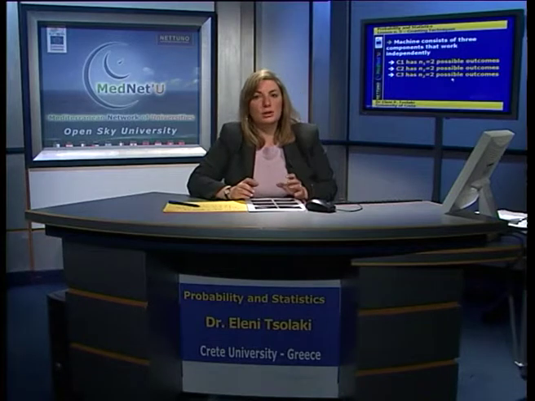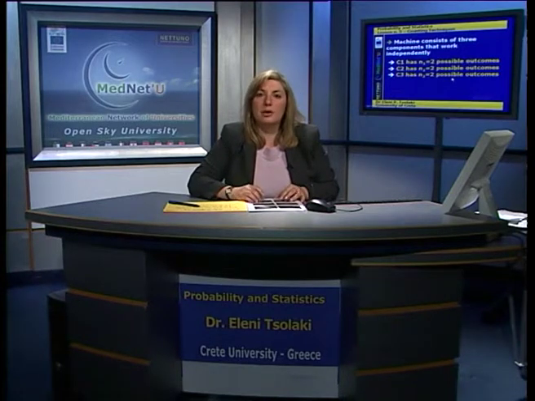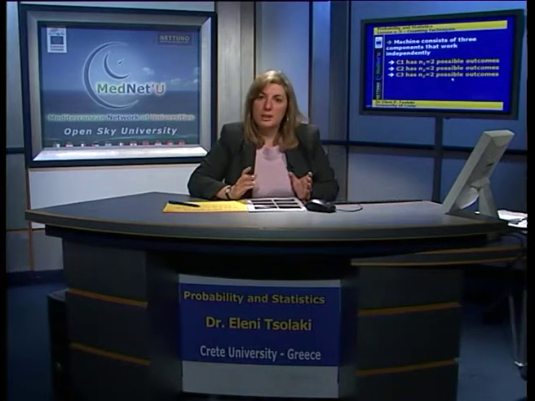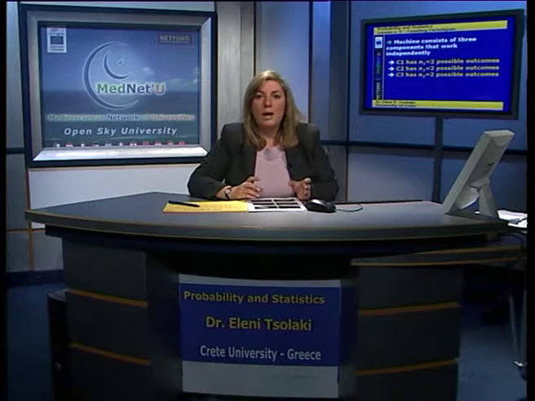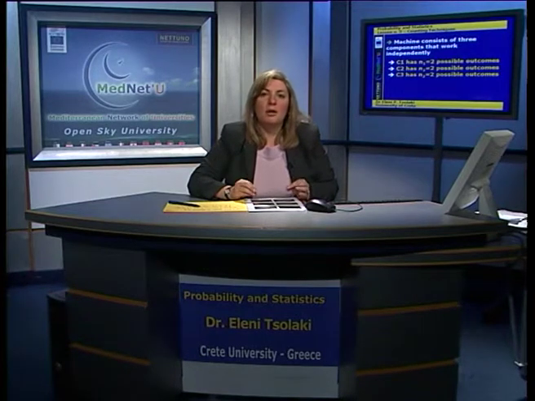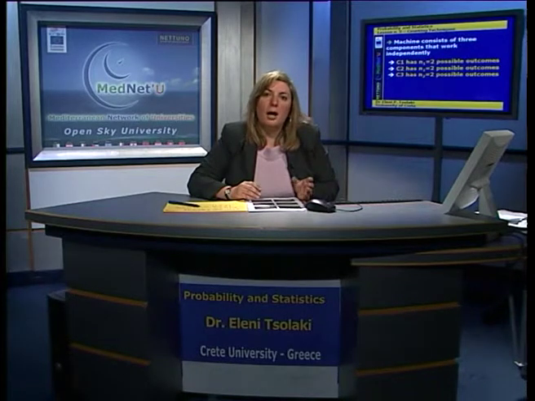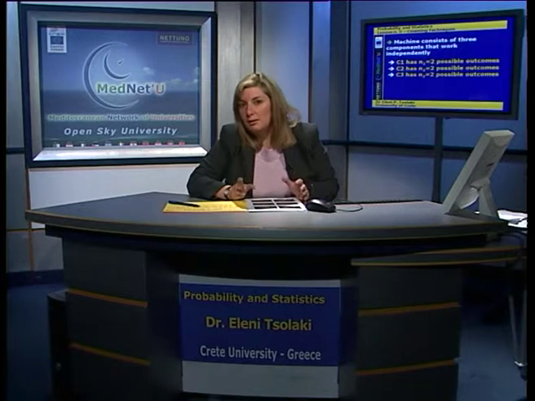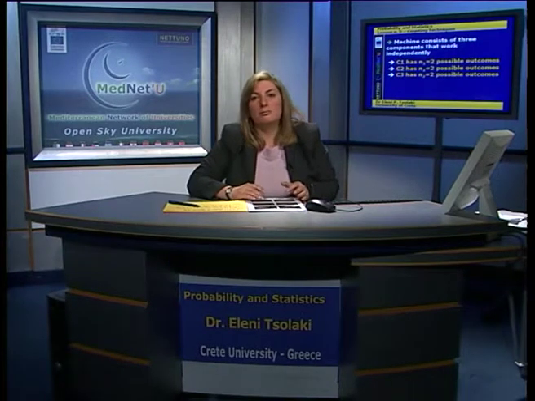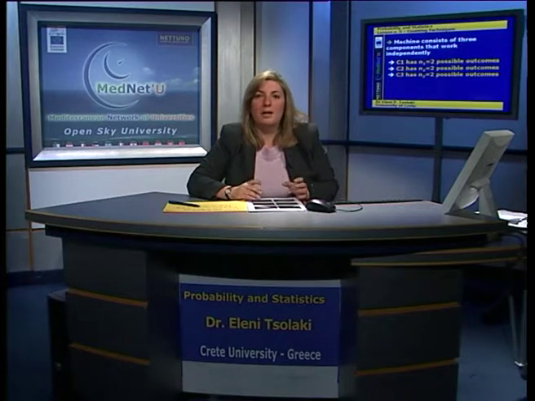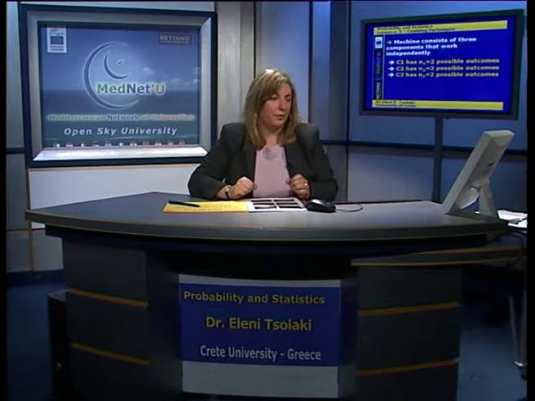It is not necessary that all sub-experiments have the same number of possible outcomes. We can have examples where, for example, one component either works, or doesn't work very well, let's say, or doesn't work at all. So it would have 3 states.